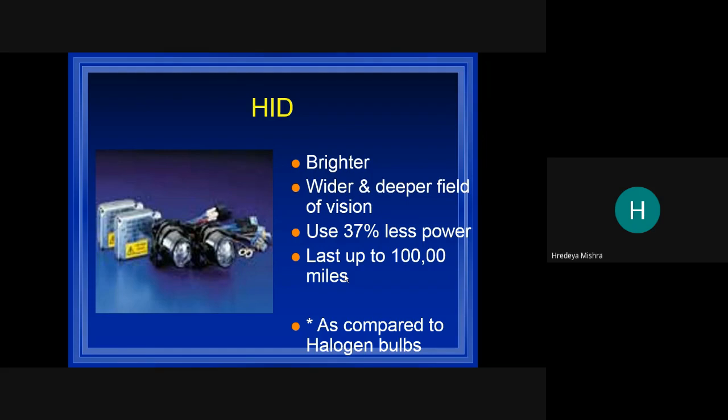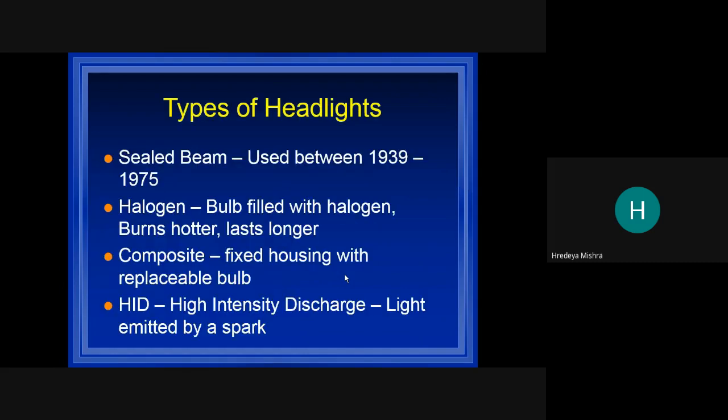So similarly, there are lots of changes in the car lighting system too. Previously sealed beam headlights were used, then halogen, then composite, and now HID lights are used.